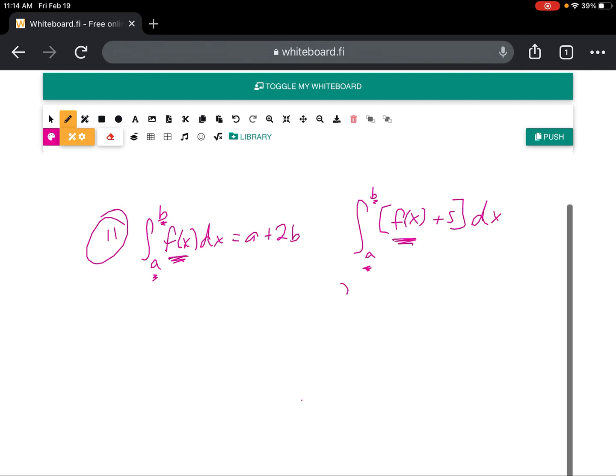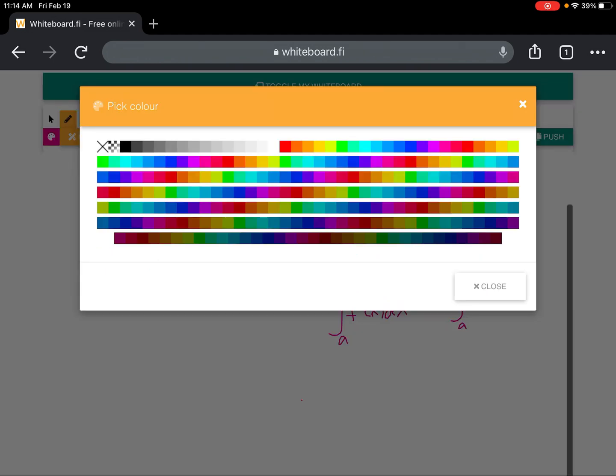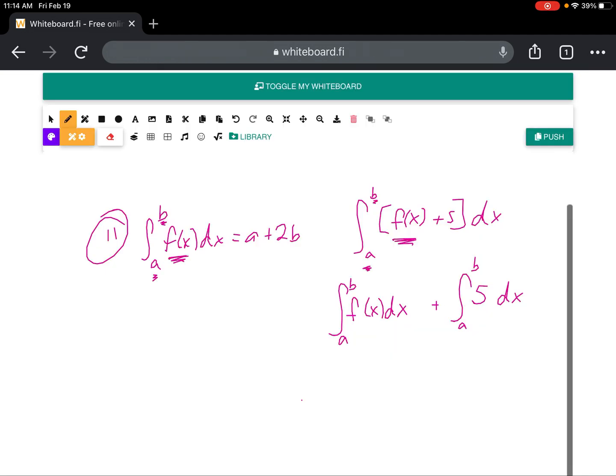What we can do is we can split up that second integral to go from a to b of f of x dx plus the integral from a to b of 5 dx. Okay. We know that their first integral, I'm going to put this guy in purple, is the same thing as this guy.